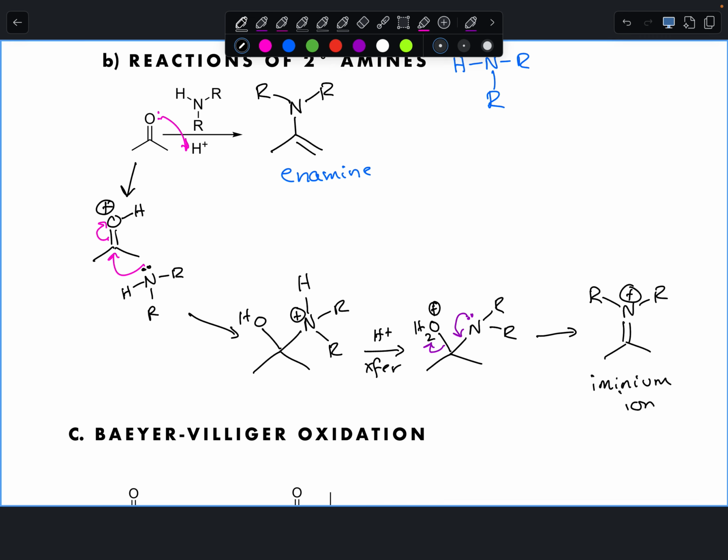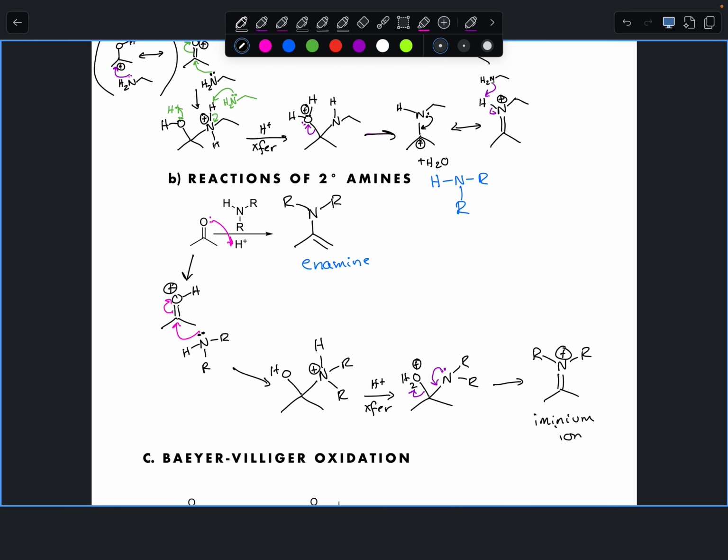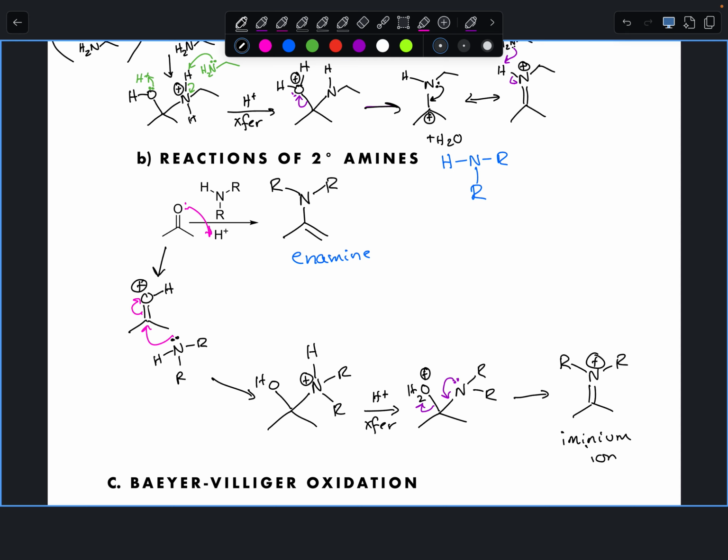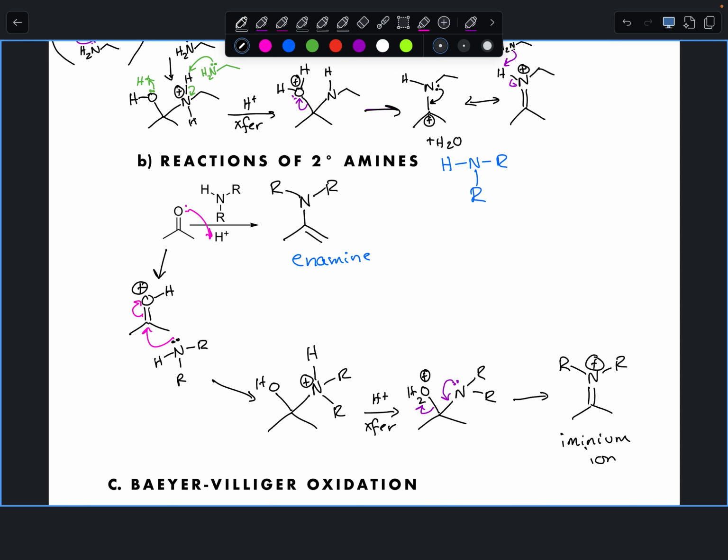So that is the one that will undergo migration in the mechanism, which means that the oxygen is going to get placed between those 2 carbons, the carbonyl carbon and the more substituted carbon. The rest of the structure going right from the carbonyl carbon is going to remain unchanged.